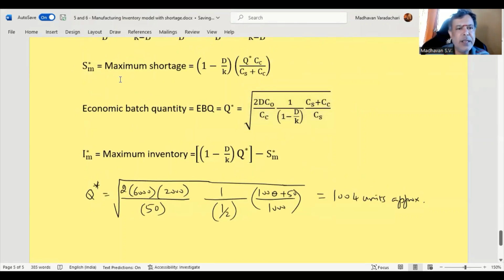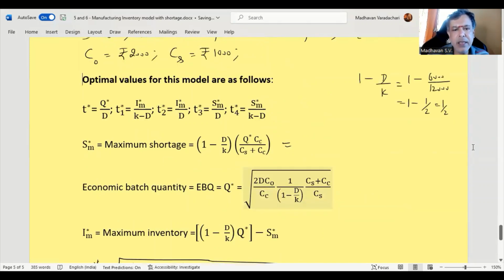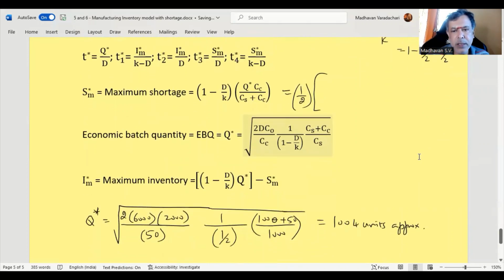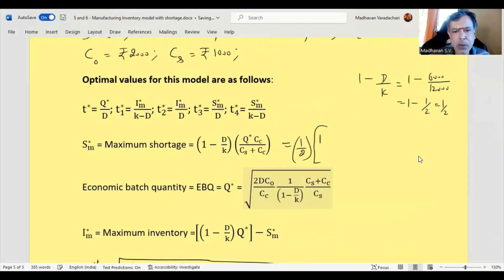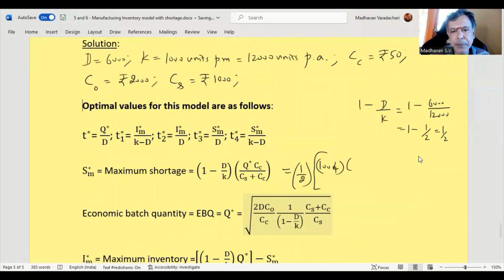Now we can proceed finding this SM, that is maximum shortage. Let us substitute it. We have this 1 minus D by K as half. So we have half times Q star, which we already calculated, 1,004, times CC. CC is 50, divided by CS plus CC, that is 1,000 plus 50, we get 1,050.